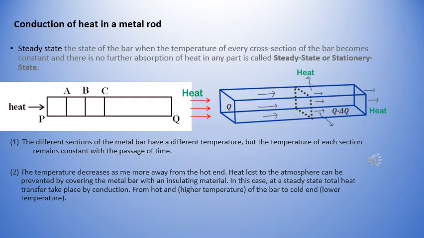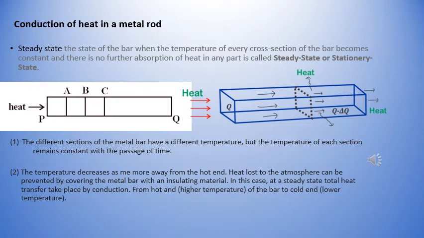So P is at a higher temperature and Q is at a lower temperature. If we start providing heat at end P, then each section of the bar gets heat from its adjacent previous section. That is, section C will get heat from section B and B will get heat from A.